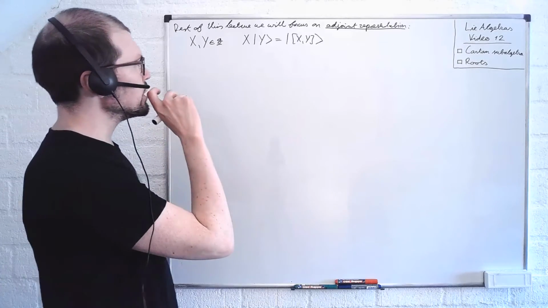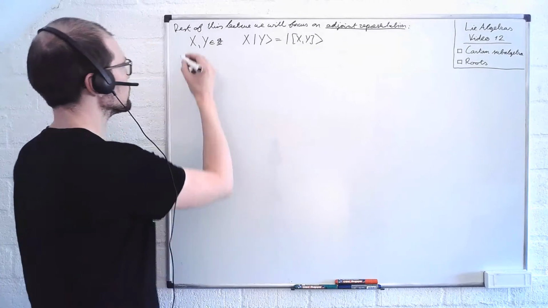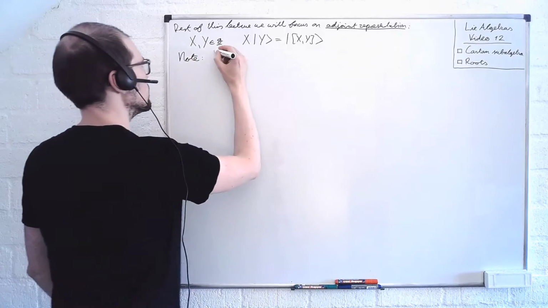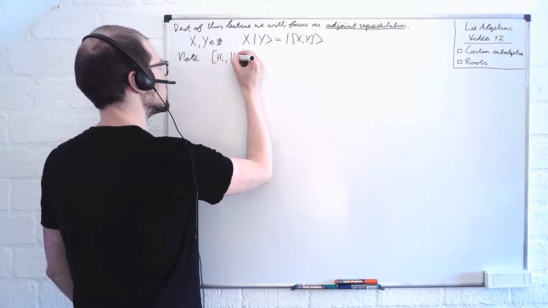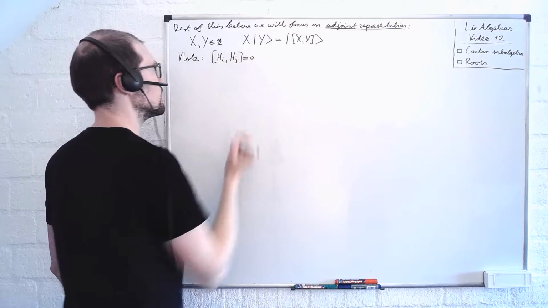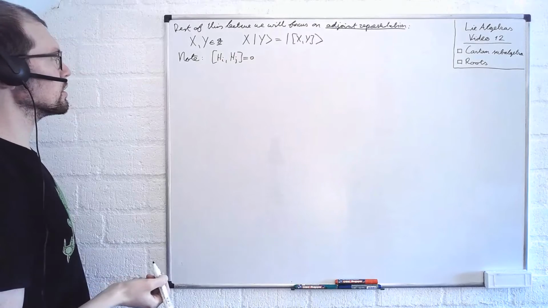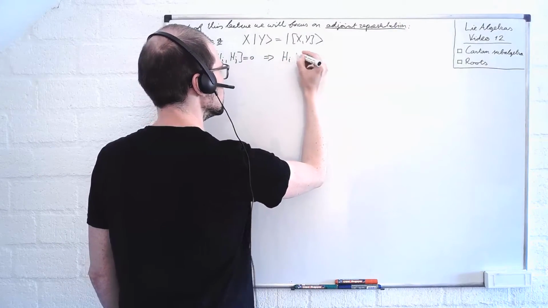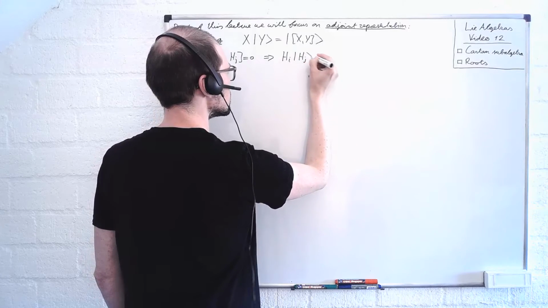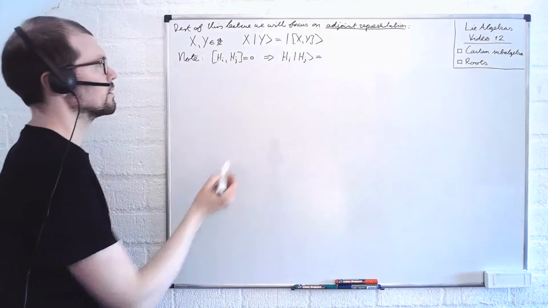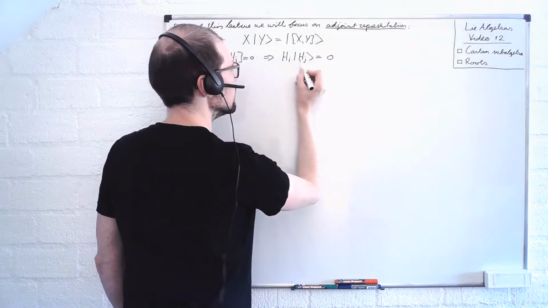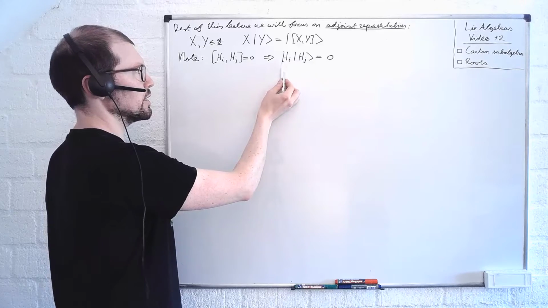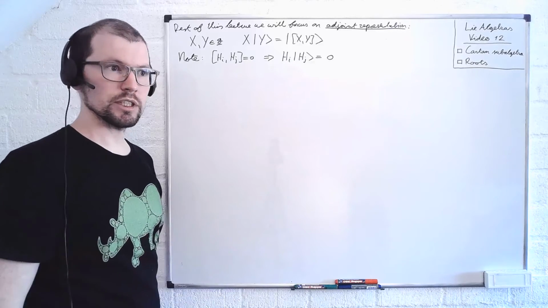So what does this mean for the Cartan generators? So note that by definition the Cartan generators commute with each other. So that means that in the adjoint representation the Cartan generators are annihilated by the other Cartan generators.